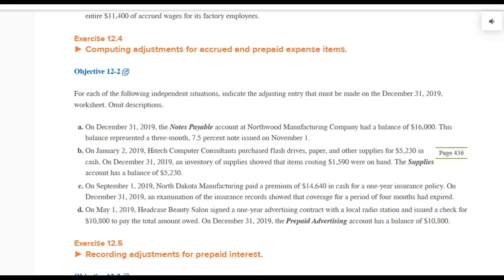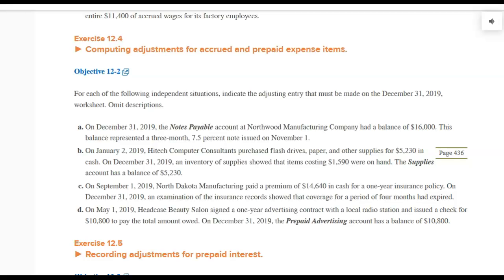Okay, so I'm going to go 5,230. What we're going to do is take our 5,230 and subtract what we have left, which is 1,590.